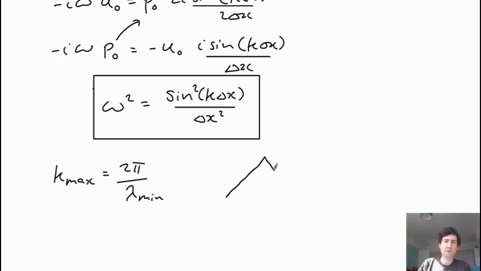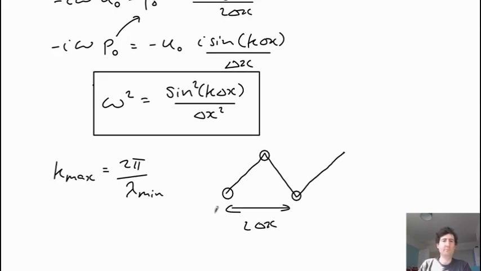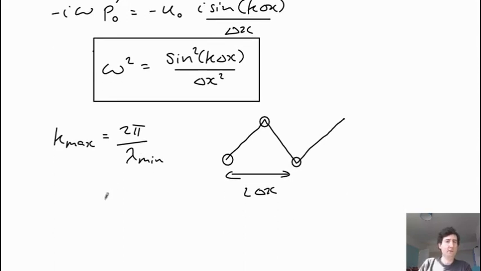So if you have a zigzag like this, it consists of two grid cells like this, and the wavelength is 2 times delta x. This is the lambda minimum, and so k max is 2 pi divided by 2 delta x, which is just pi over delta x. And so if you put this into here, the maximum is when you have sine squared of pi.